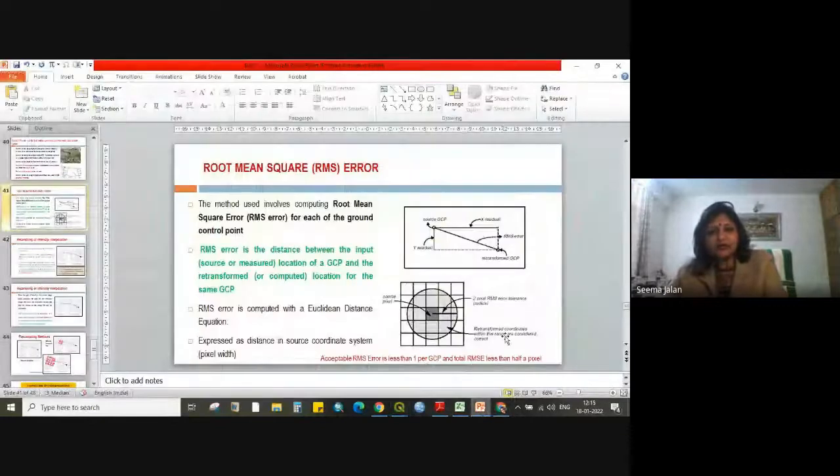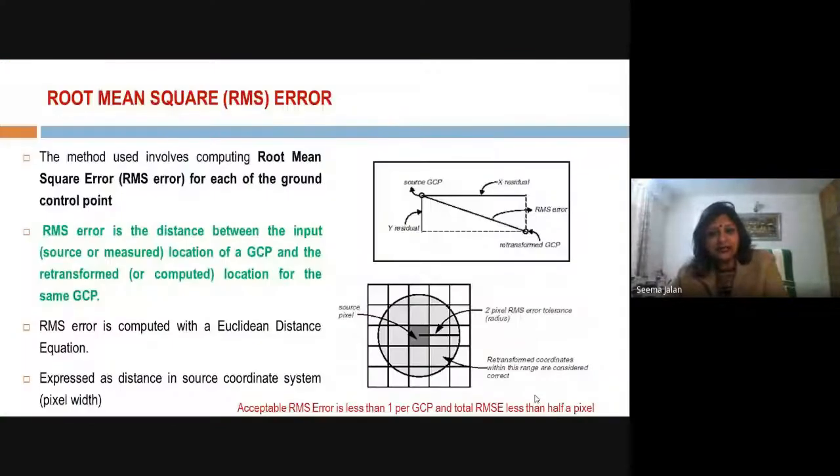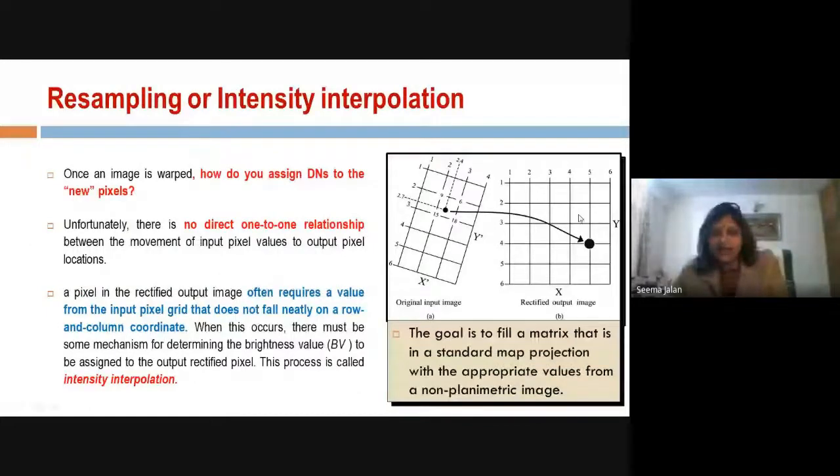Now I have to fill in the pixel values. When I fill in these pixel values, I run my equation backward. For each output coordinate, I calculate the input image coordinate so that I can make out which pixel value from the input grid will be filled at this location.